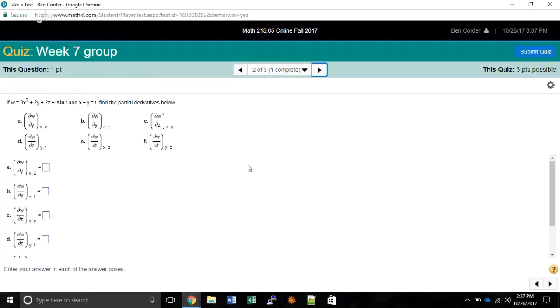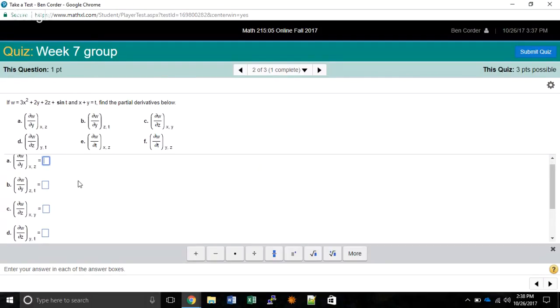Wait. That would still be differentiated, right? So it'd be cos x plus y. Huh, yeah. Okay. But is it just 2 plus the cosine of x plus y? It is. That's not too bad.